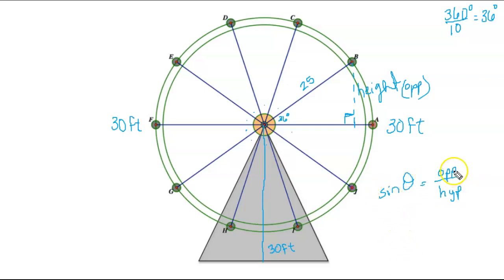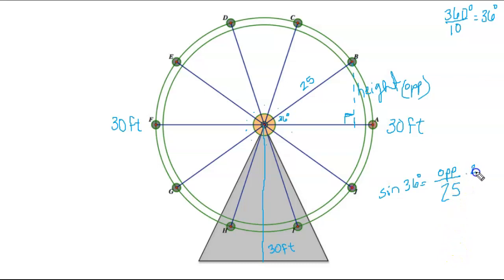So the sine of an angle is equal to the opposite over the hypotenuse. So I know that my angle is 36 degrees. And I know that my hypotenuse is 25. And so I should be able to figure out what that height is going to be.